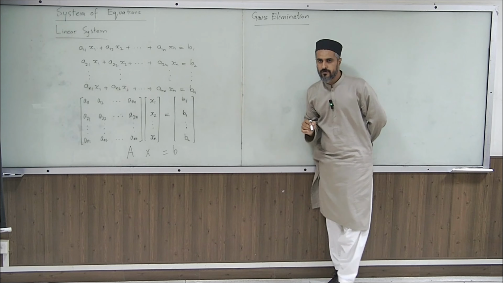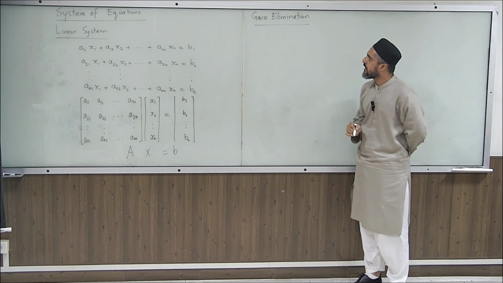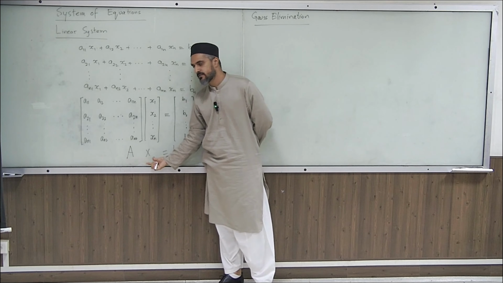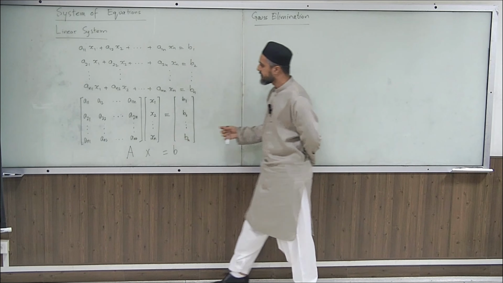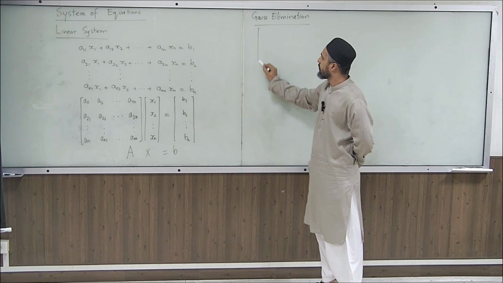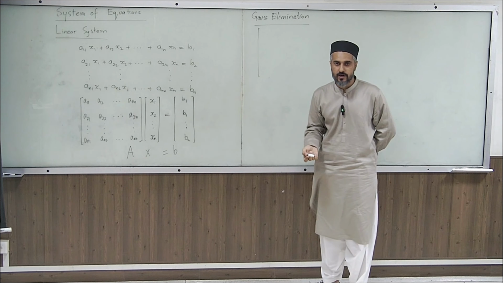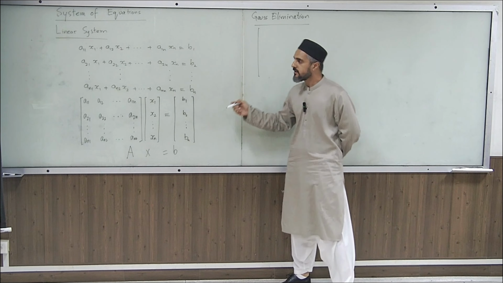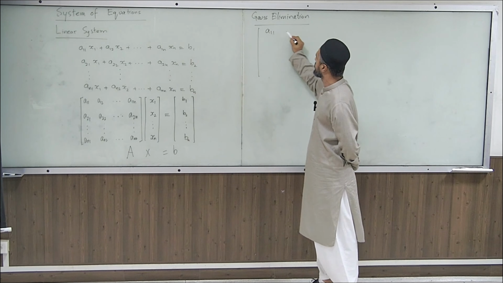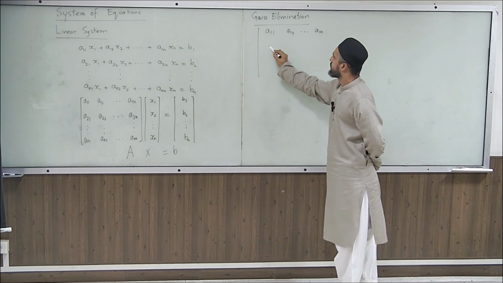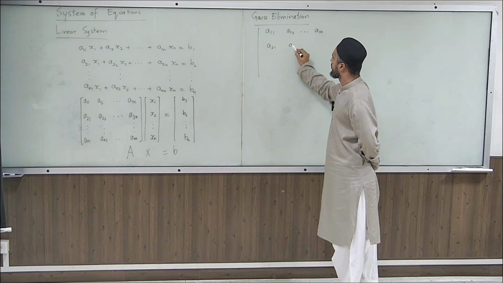Hopefully you remember that when we start with the Gauss elimination, our objective is obviously to find the unknown vector x. And so what we started is we started to make an augmented matrix. What is an augmented matrix? A matrix which only contains the numbers, which contains the coefficient matrix and the right hand side.